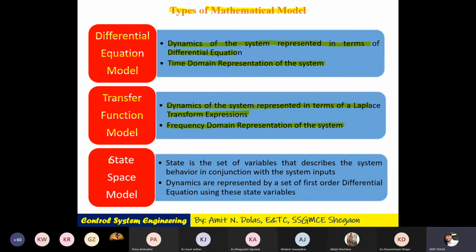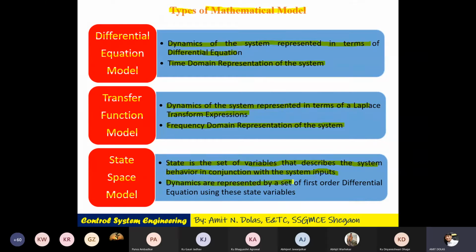And another one which will be learned in unit number 5, that is state space model. This is also one of the models. Will be thoroughly, completely learned in unit number 5. So state is the set of variables that describe the system behavior in conjunction with the system inputs.